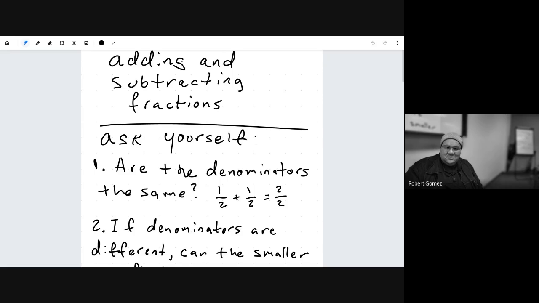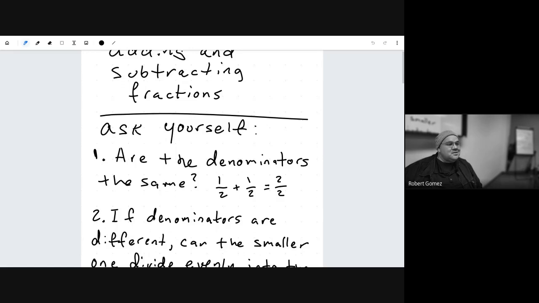Once you see a problem, the first question you ask yourself is, are the denominators the same? Hopefully we know at this point that the denominator is the number on the bottom of the fraction, right? I put an example right here: 1/2 plus 1/2. If the denominators are the same, that's easy. This is like easy mode.